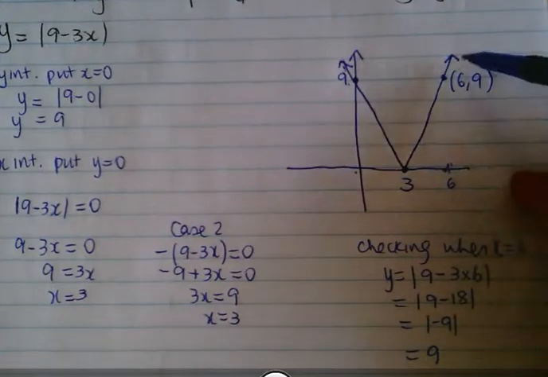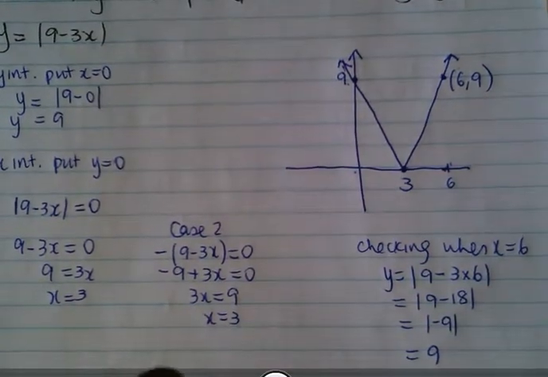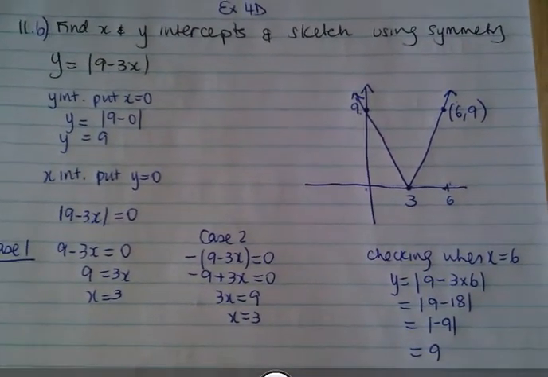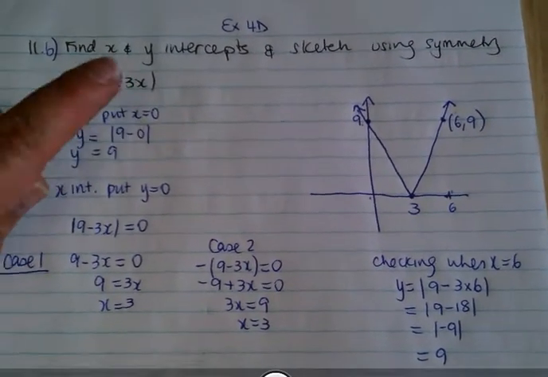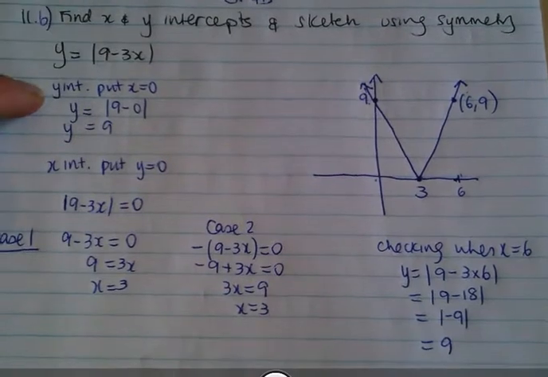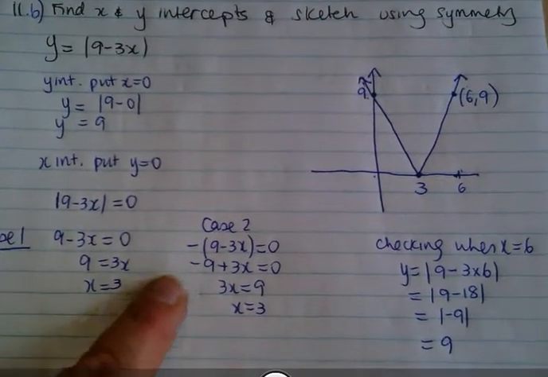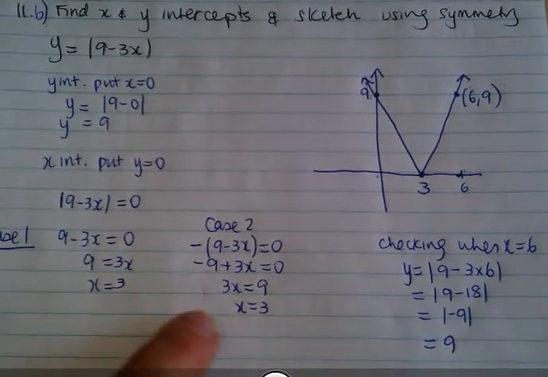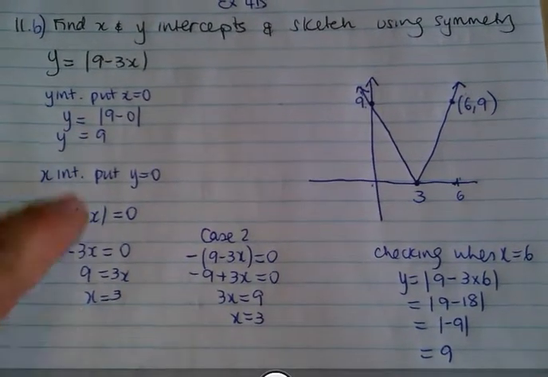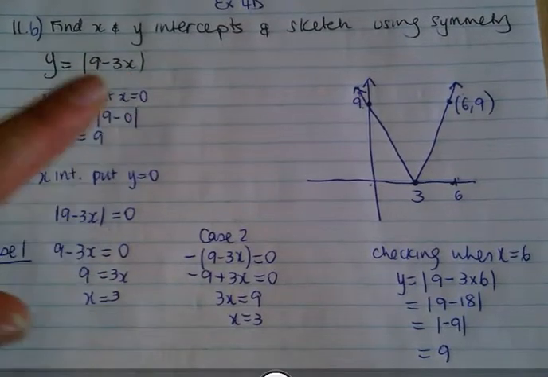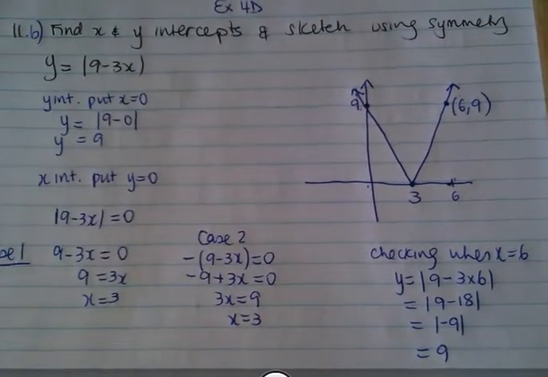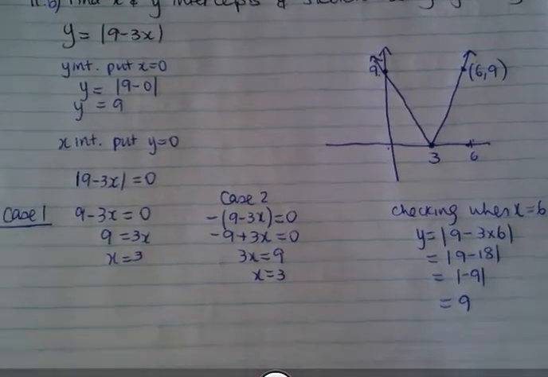Okay, so the curve definitely does go like that. So if your absolute value function looks a little bit trickier than just x plus something, you can just find the y-intercept and the x-intercept. You can see that for case 1 and 2 you got the same answer. This will be the case if it's just the absolute value of 9 minus 3x, something like that, without a plus 1, then you'll get the same answer for those.